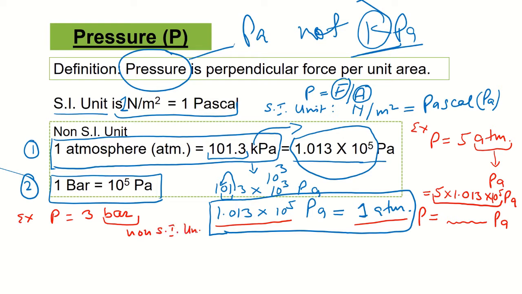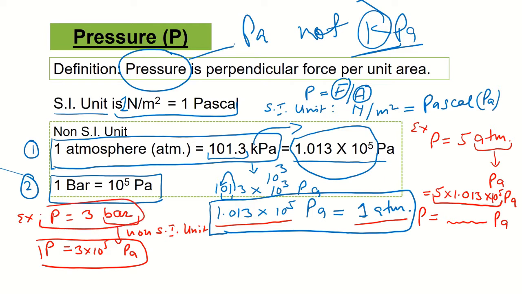You have to change it to Pascal, then you can use it. Since 1 bar is equal to 10 to the power 5 Pascal, 3 is multiplied by 10 to the power 5 to get Pascal. So 3 bar and this value are the same, and this is the number you have to use for any calculation.